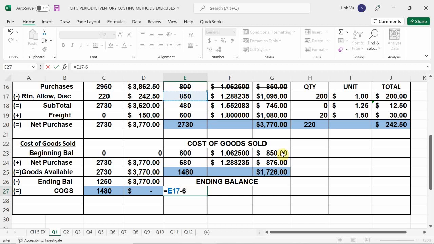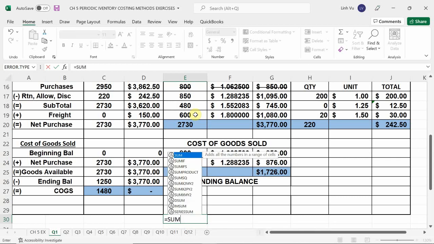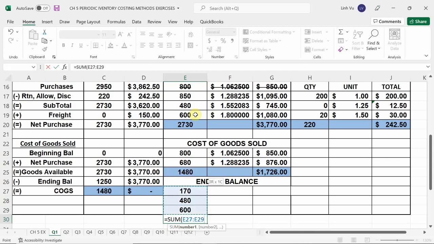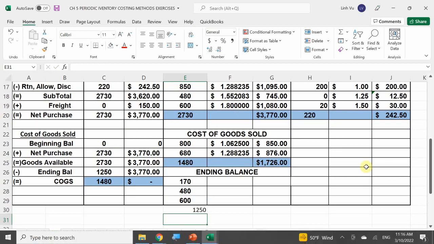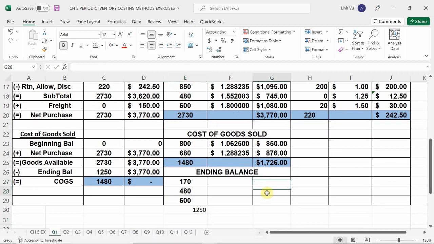I already sold 680 units out of it. So that's going to give me 170 left over. And of course, you have this 480 and you have this 600 left. So you can sum your table here, and you'll get 1,250. Okay. And of course, I've got to carry my values down.